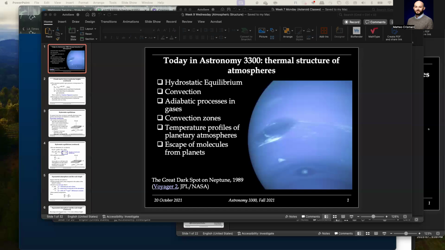So you have a preference for atmospheres? Recount. It's too close. 66%. Okay. Do you want to start with the thermal structure of atmospheres, or do you want to start with fun atmospheres? Okay, it's going to be harder.